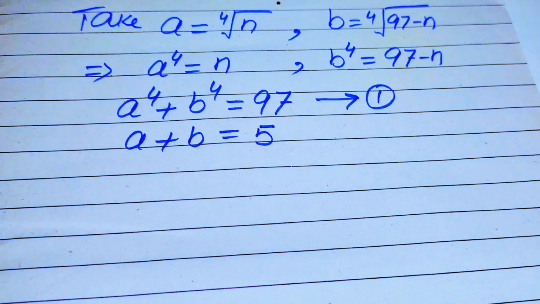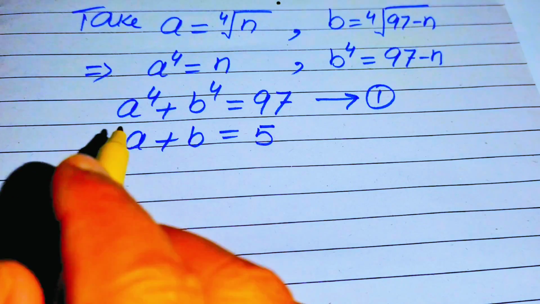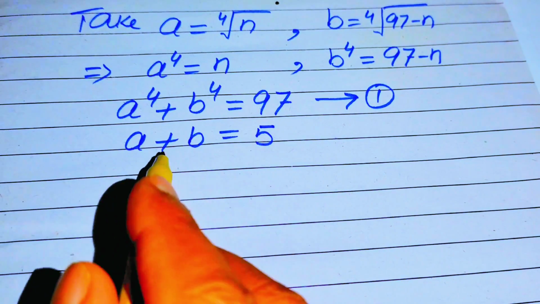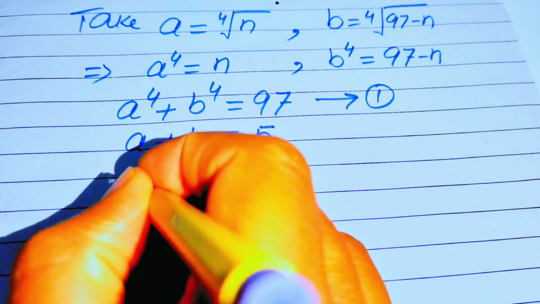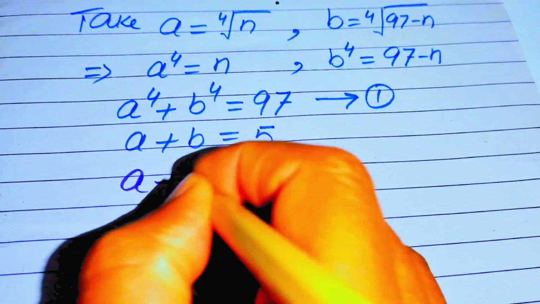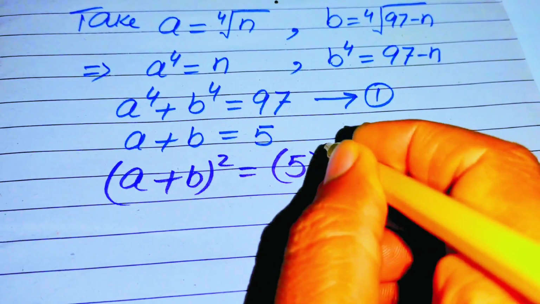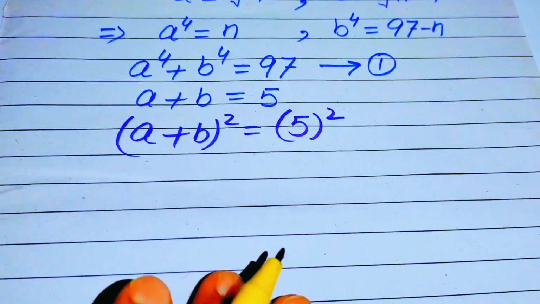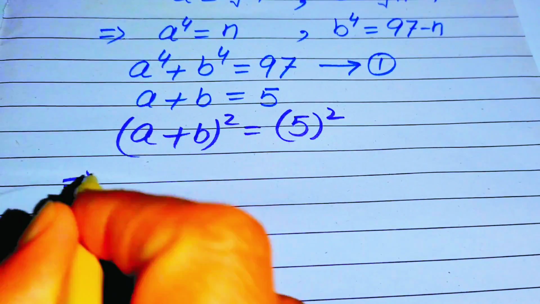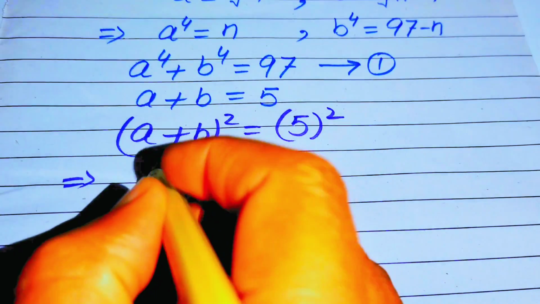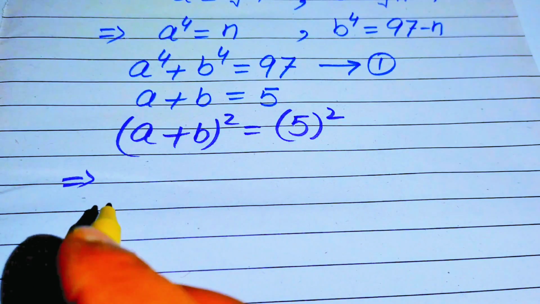So first we focus on this equation, and we take the square on both sides of this equation, so you get its output in this form. And now we open the square identity on the left hand side, and you know that it is a very well known identity.